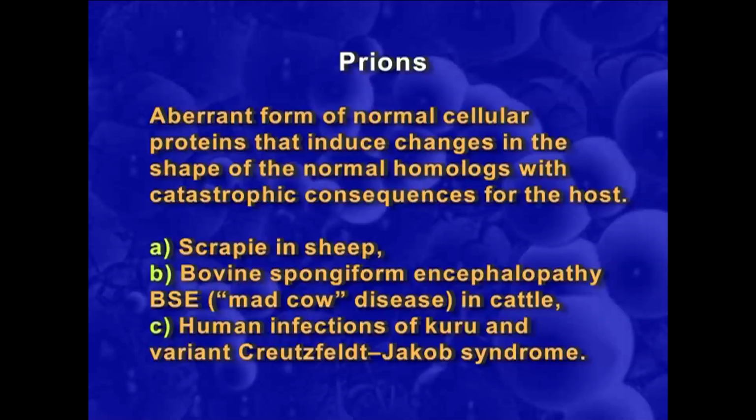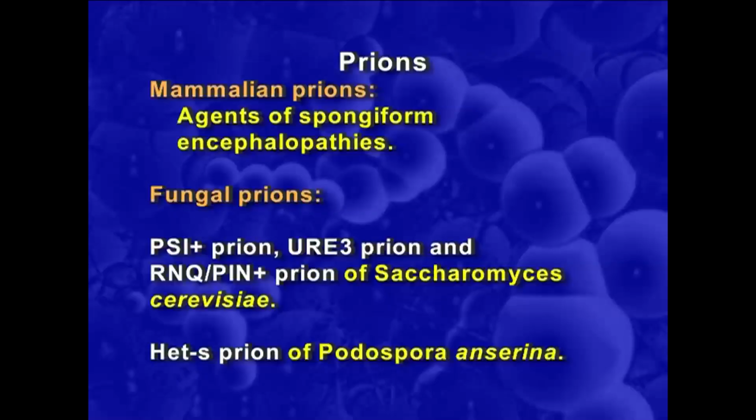They have also been infective towards Saccharomyces cerevisiae. The classification of prions is done basically into two classes: one is called mammalian prions and the second is called fungal prions.